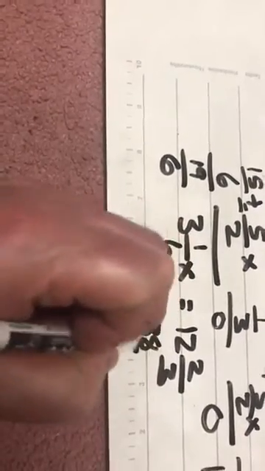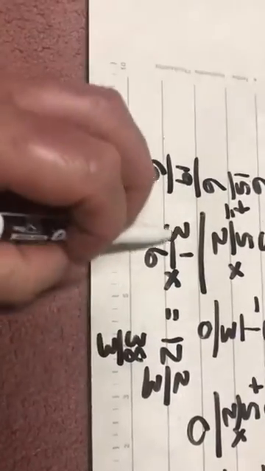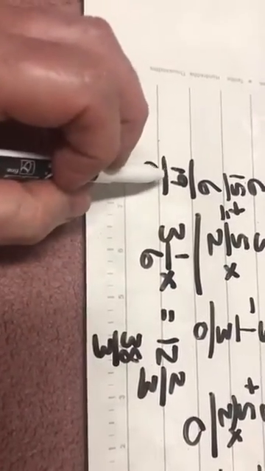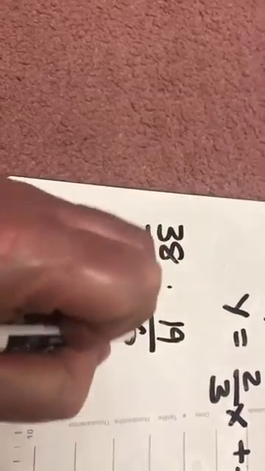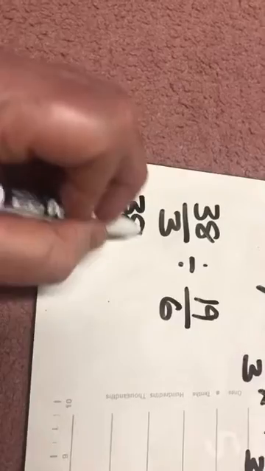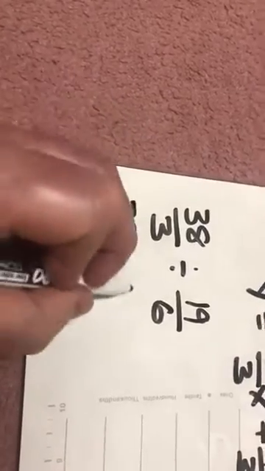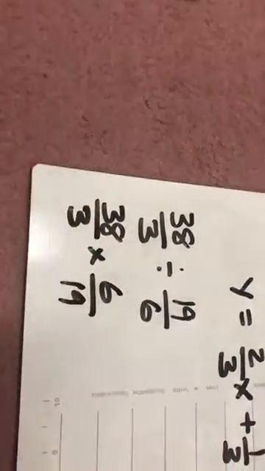So that's going to be 38 over 3 being divided by 19 over 6, because I already figured that out. Remember, when I divide by 19 over 6, it's the same as 38 over 3 times 6 over 19.